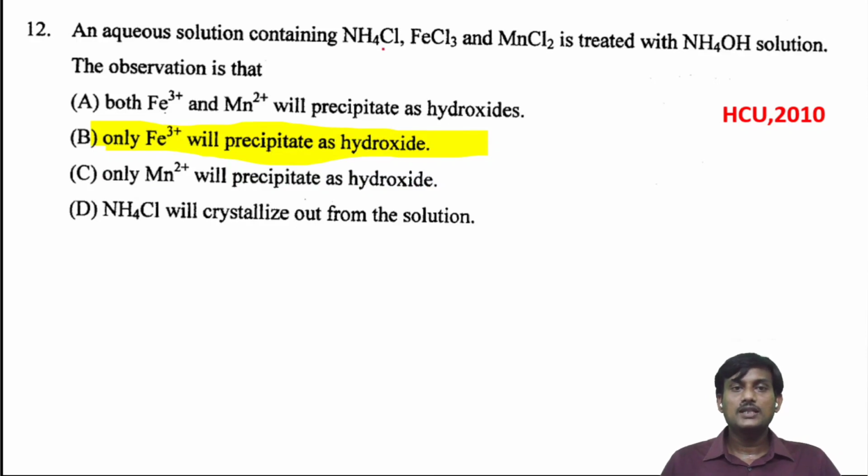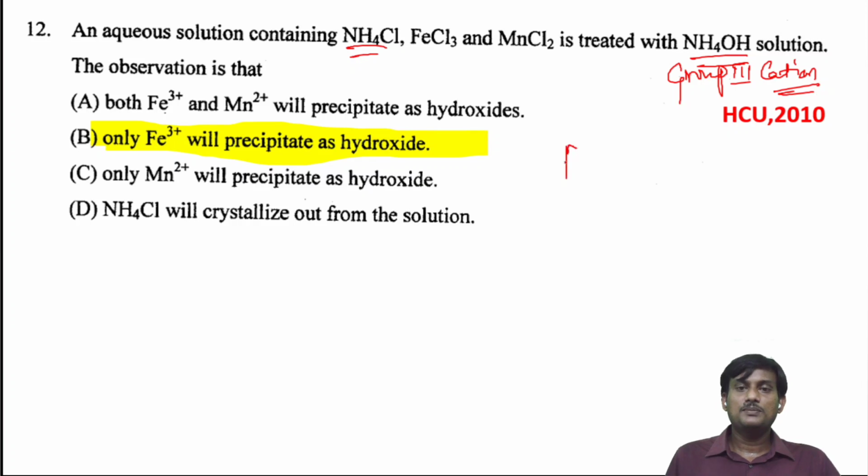An aqueous solution containing NH4Cl, FeCl3, MnCl2 is treated with NH4OH solution. This is the reagent NH4Cl, NH4OH. This is the reagent for group 3 cations in the cation separation table.